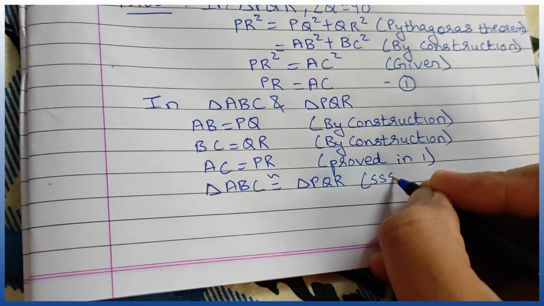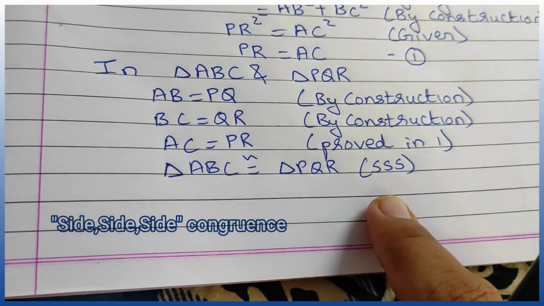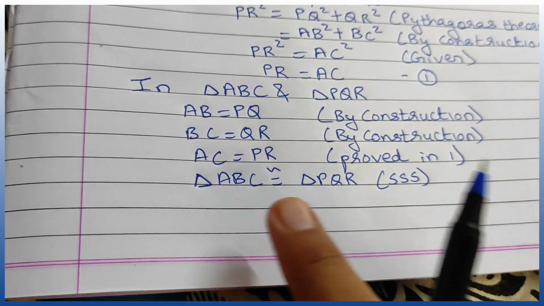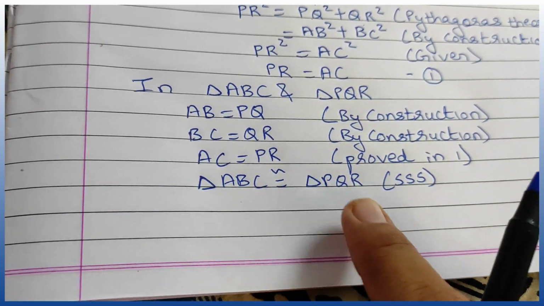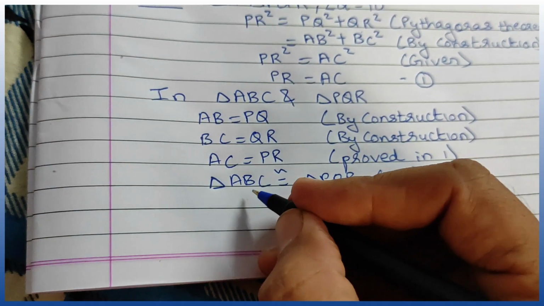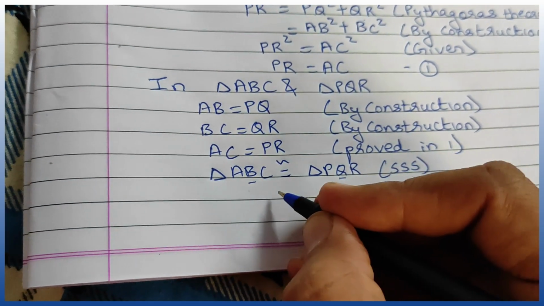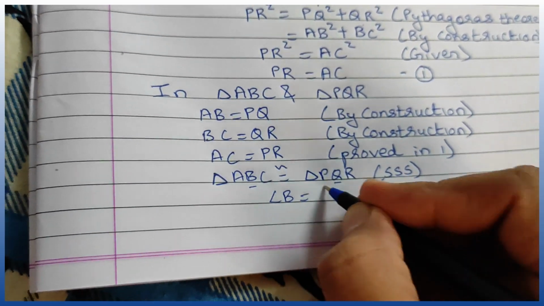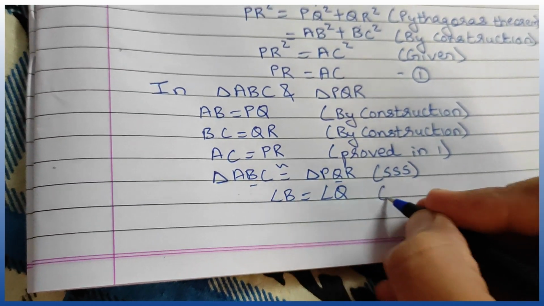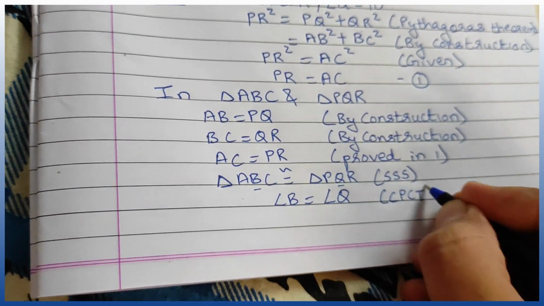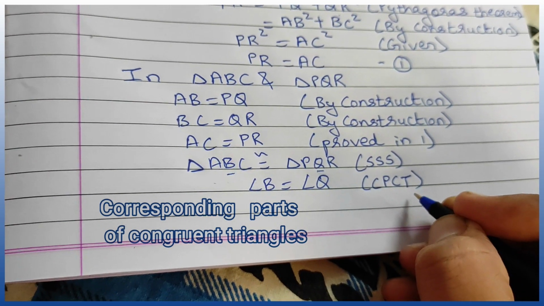Students, in 9th standard, you must have studied SSS congruence, right? So triangle ABC is congruent to triangle PQR according to SSS, and because both triangles are congruent, corresponding angles are equal. It means angle B is equal to angle Q. Corresponding angles are equal, so CPCT, corresponding parts of congruent triangles.